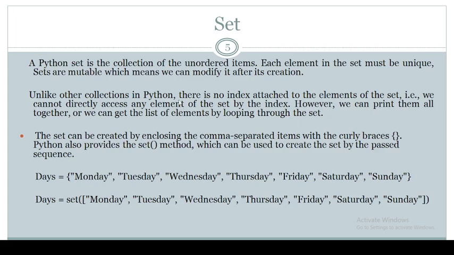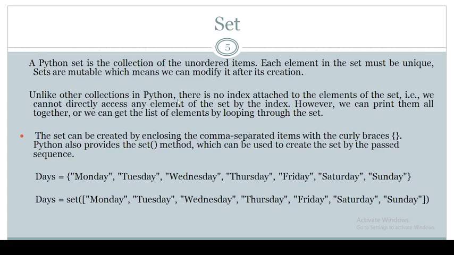One important property of a set is that every element must be unique. There should not be any duplicate item. We can add a new item in the set, modify it, or delete it, no problem, but the item should be unique. Like list and tuple, we can put duplicate items, but in a set we cannot store a duplicate item.